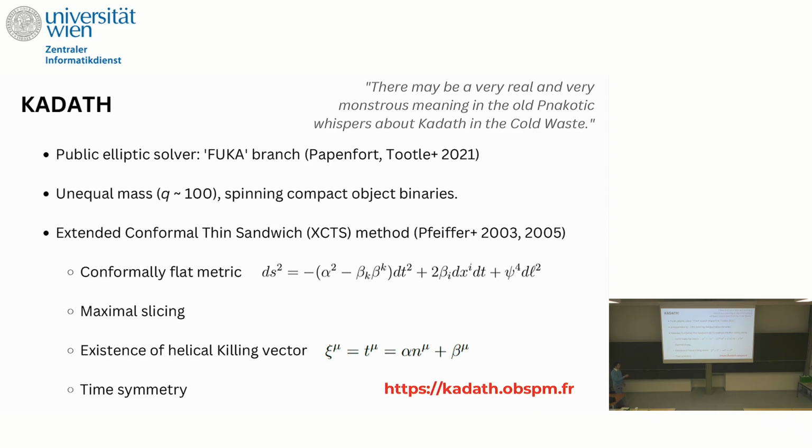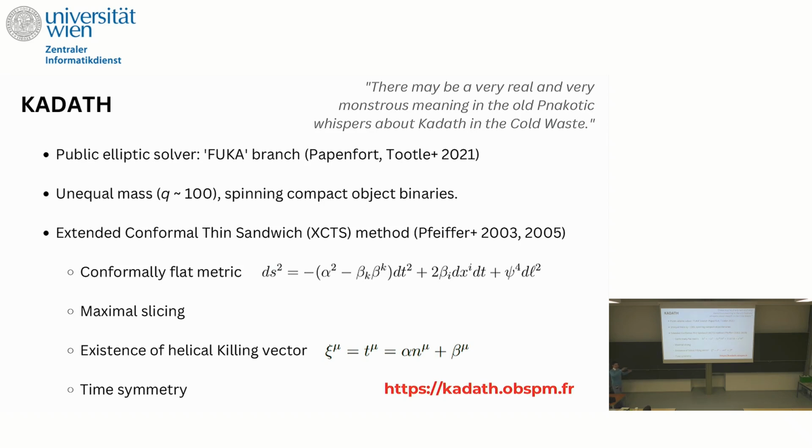We also have the assumption that I mentioned before, that there exists a helical Killing vector. This helical Killing vector is set perpendicular to the spatial slice. So our time vector is also this helical Killing vector, and therefore the metric is time independent.